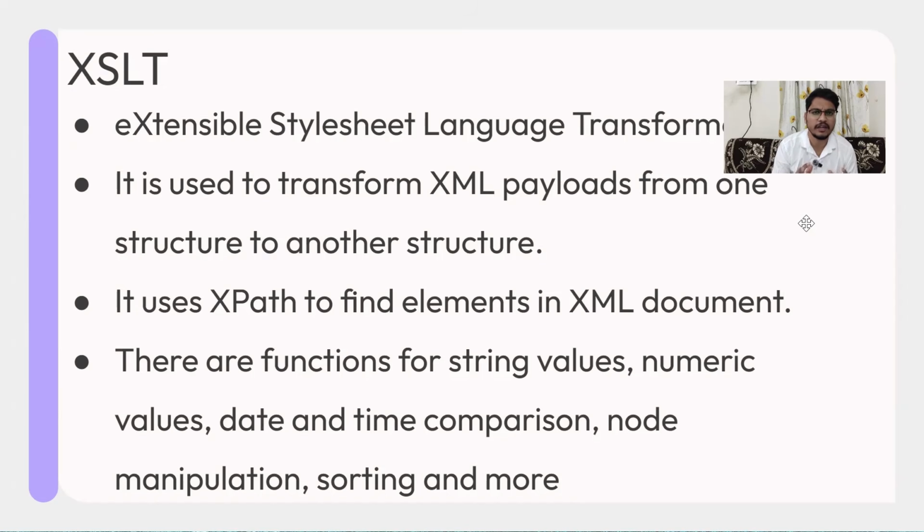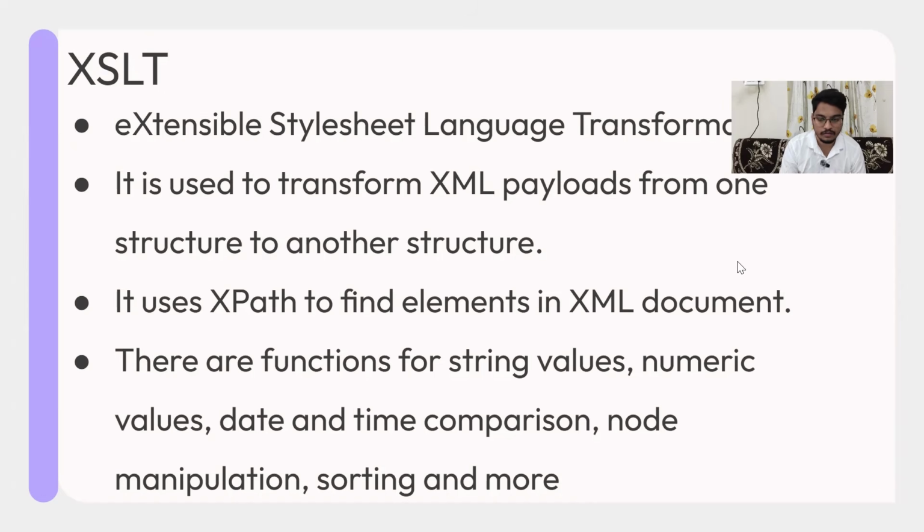There are many built-in functions in XSLT for string values, numeric values, date and time comparisons, node manipulations, sortings and more. We will have a dedicated set of videos for XSLT where I'll teach from the very basics to advanced XSLT in the upcoming videos.